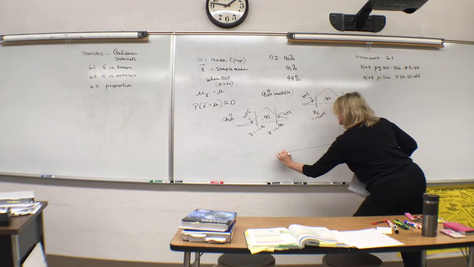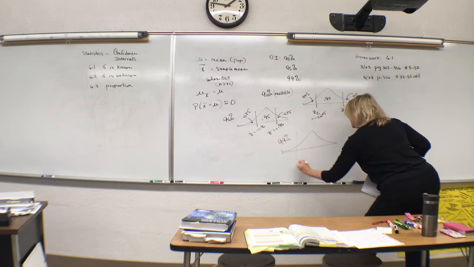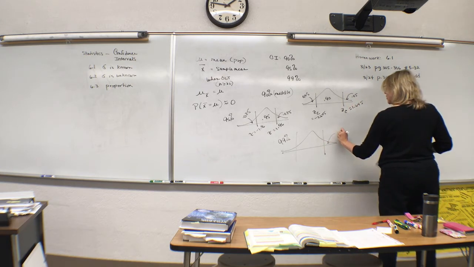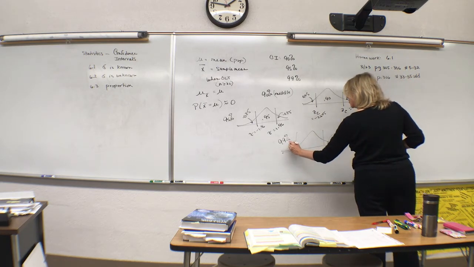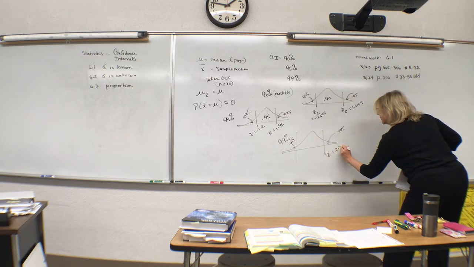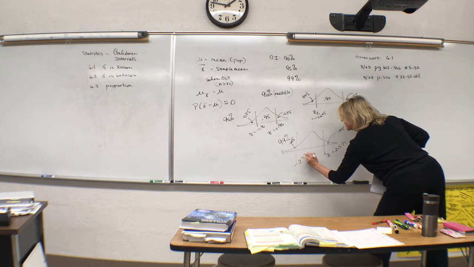Last but certainly not least is the 99%. Well, the middle 99% then gives us 0.01 or 1% to be shared, so that's 0.005 in each tail, and the critical z at 2.575, and its opposite, negative 2.575.